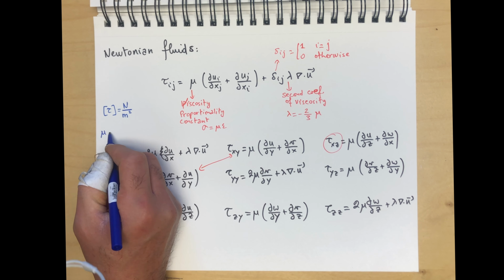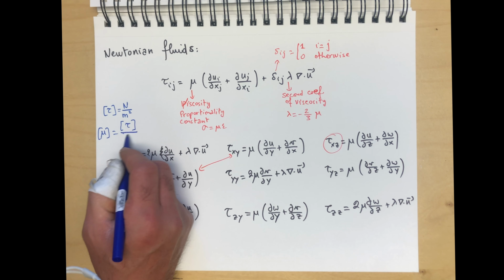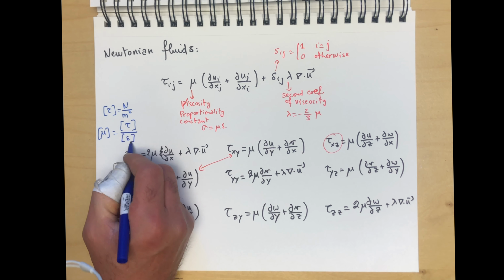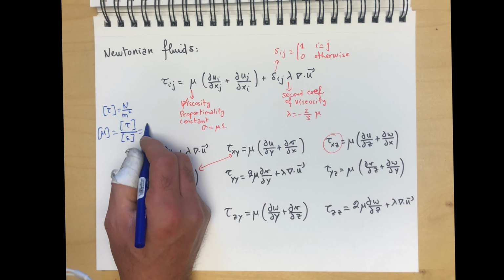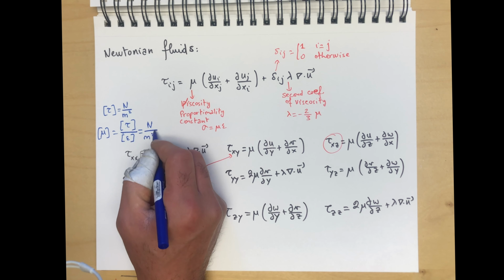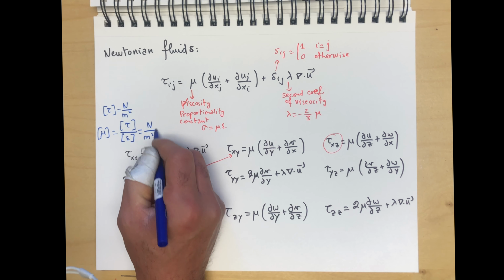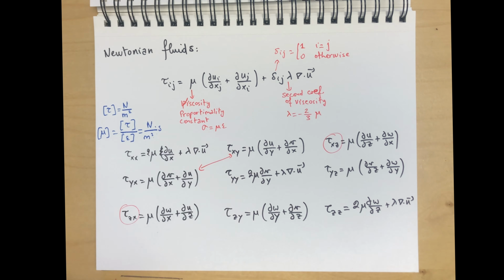So the units of mu are the units of tau over the units of epsilon, the rate of strain, and that's Newton per meter squared, and this is 1 over second. So times 1 over second, you get a second here, Newton dot seconds per meter squared.